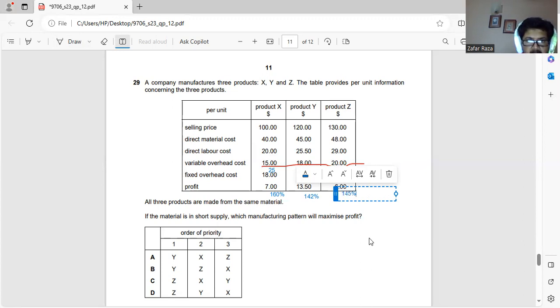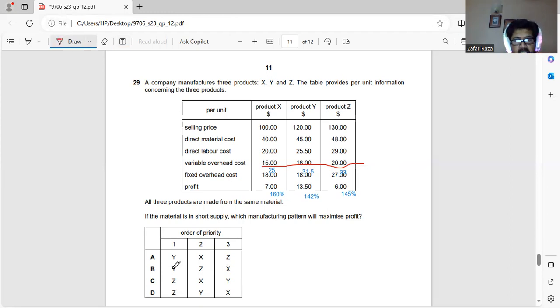So which is the lowest percentage? 142. So product Y should be made first, then product Z, and then product X. First Y, then Z, then X. So B option should be the answer. The lowest percentage will be produced first.